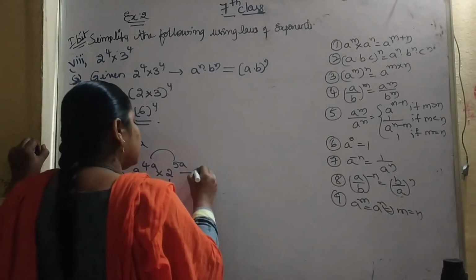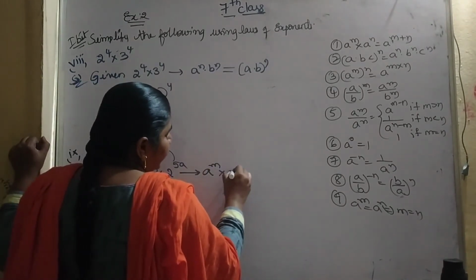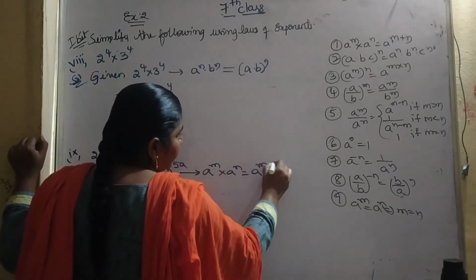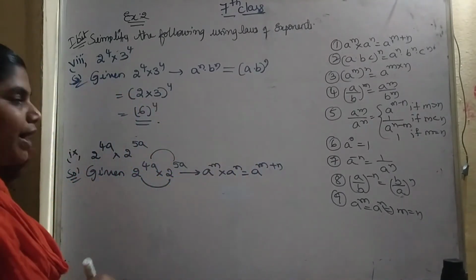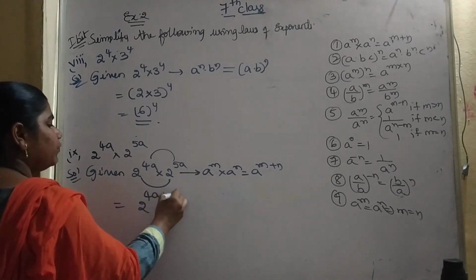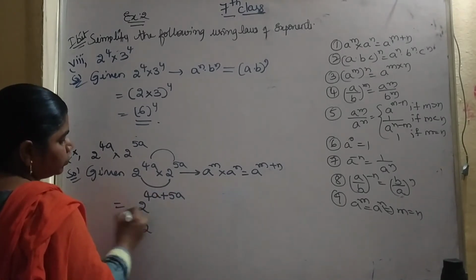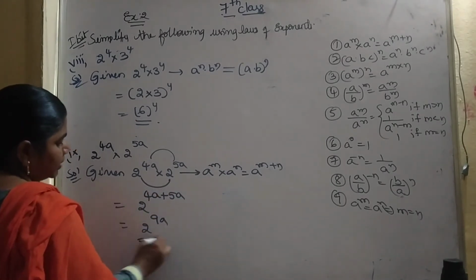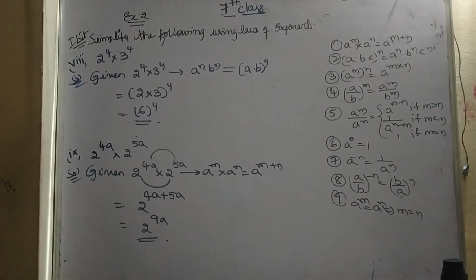What is the first law? a power m into a power n is equal to a power m plus n. So we have to add the powers, that is 2 power 4a plus 5a, which equals 2 power 9a. So this is our answer for the ninth one, 2 power 9a.